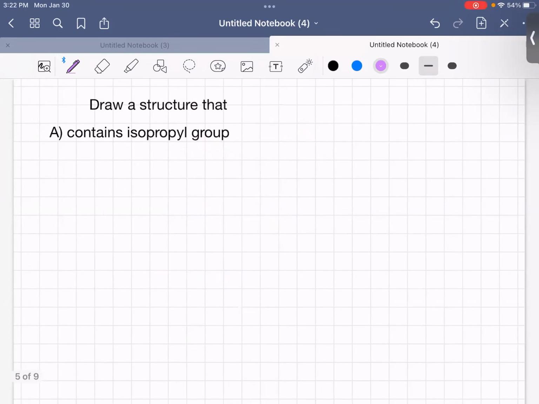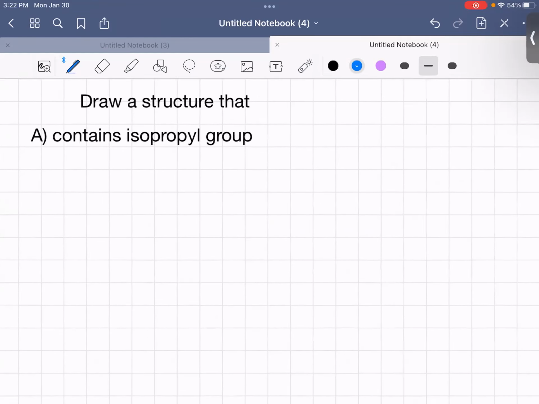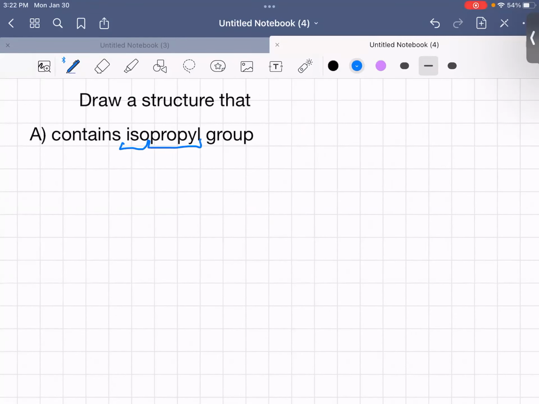Okay, let's move on. Draw a structure that contains an isopropyl group. So what is an isopropyl group? First of all, isopropyl means propyl, but some sort of irregular propyl, not normal, right?